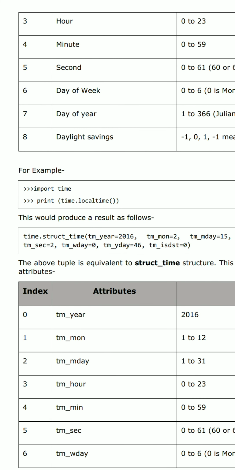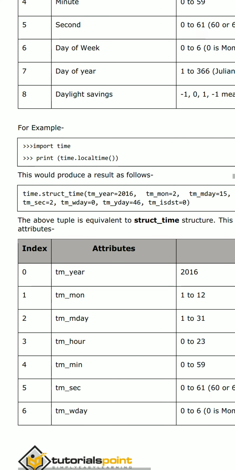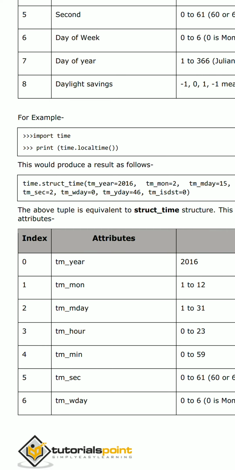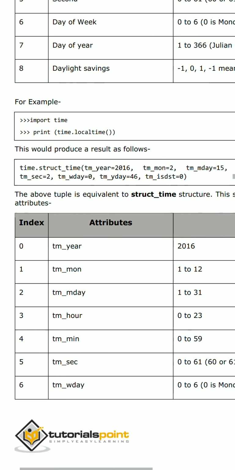Suppose I want to find the present time. We can get it like this. Consider the program: import time, and then print time.localtime(). Here localtime represents the present time.